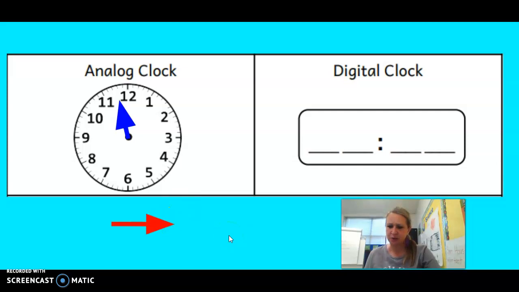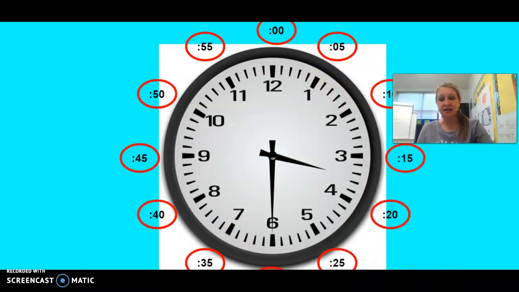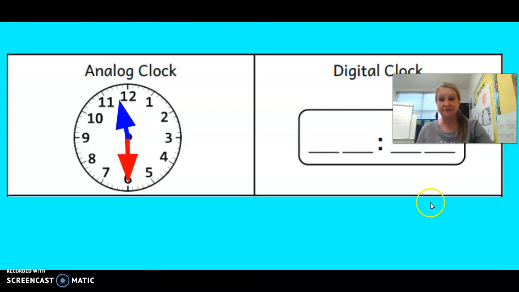What number is it going to point to? Correct. It's going to point to the 6 because remember we count by fives for minutes. 5, 10, 15, 20, 25, 30. When the minute hand is pointing at the 6, that is minute 30.